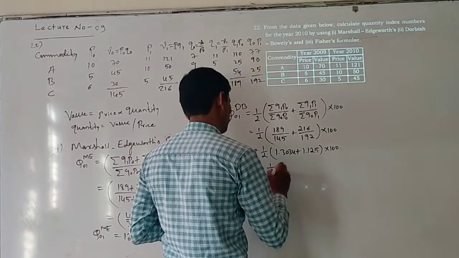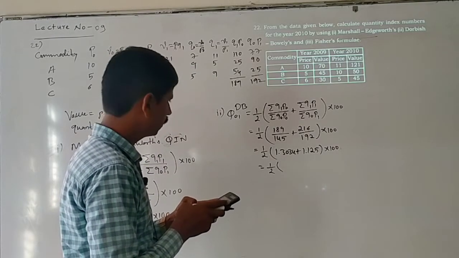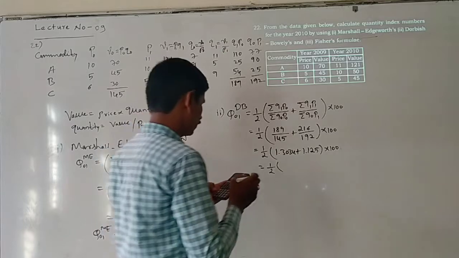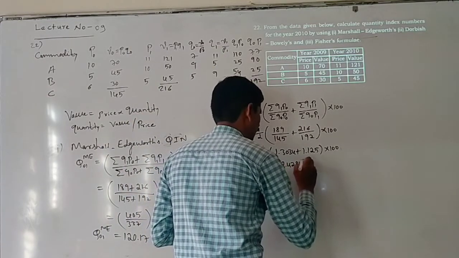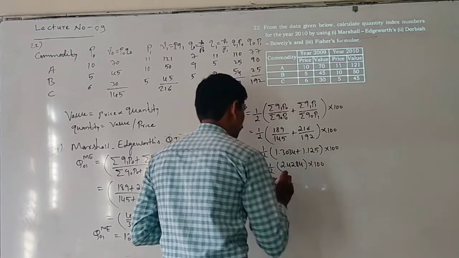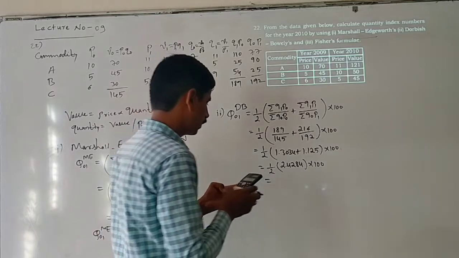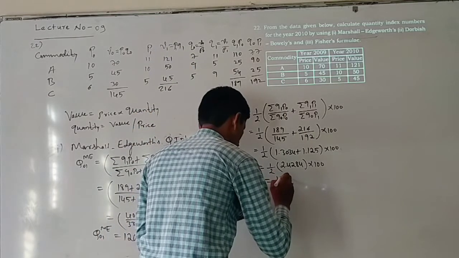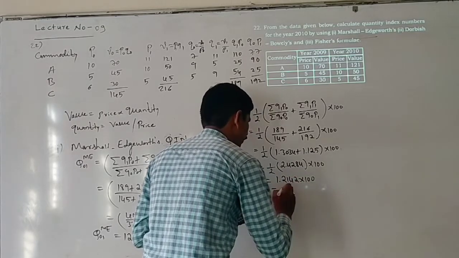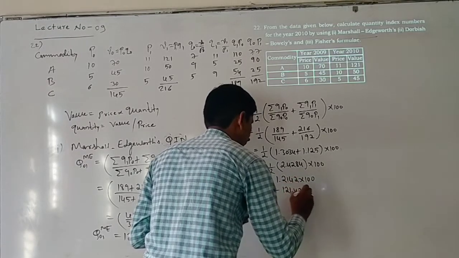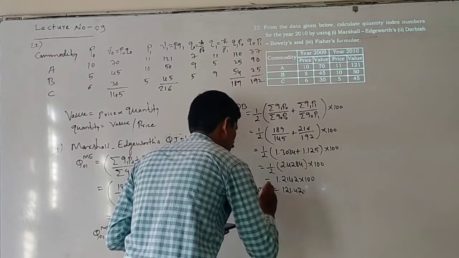Here 1 by 2 into 1.3034 plus 1.125 is 2.4284, into 100. Here 2.4284 divided by 2 is 1.2142, into 100. Then you get 121.42. It is Q01 DB.